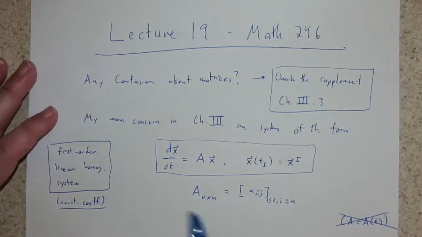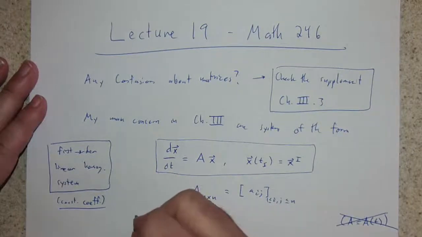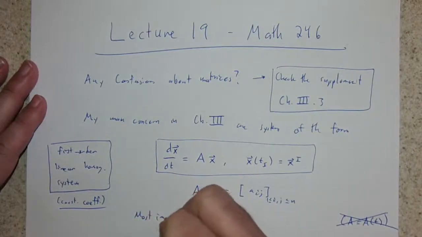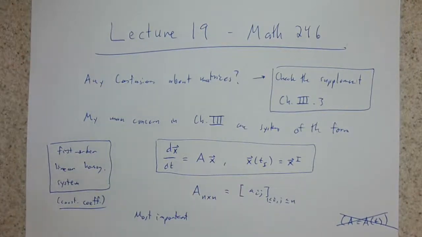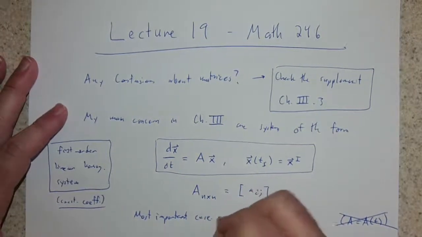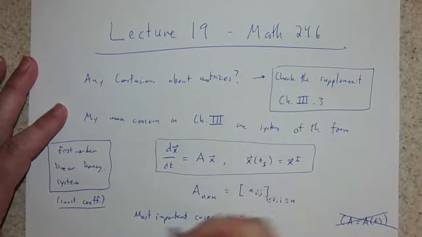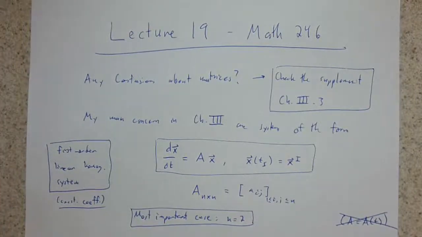Now, while everything I'm going to do holds for a generic n by n matrix, the most important case by far, just to keep the tedium down, is n equals 2. This is similar to how we restricted ourselves to the order 2 case in chapter 2.